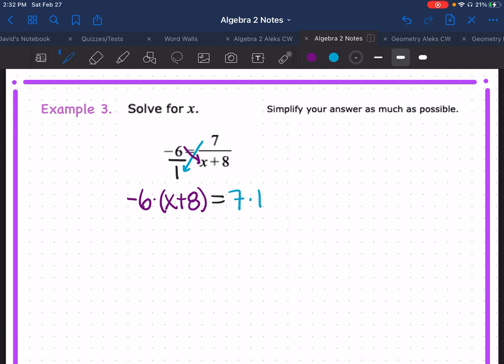Now you might be thinking, why would you do that, Miss? I wanted to do that because it's going to give me negative 48. This way my x was already on the left side, which is traditionally where I would like it to be. I'm going to add my 48.